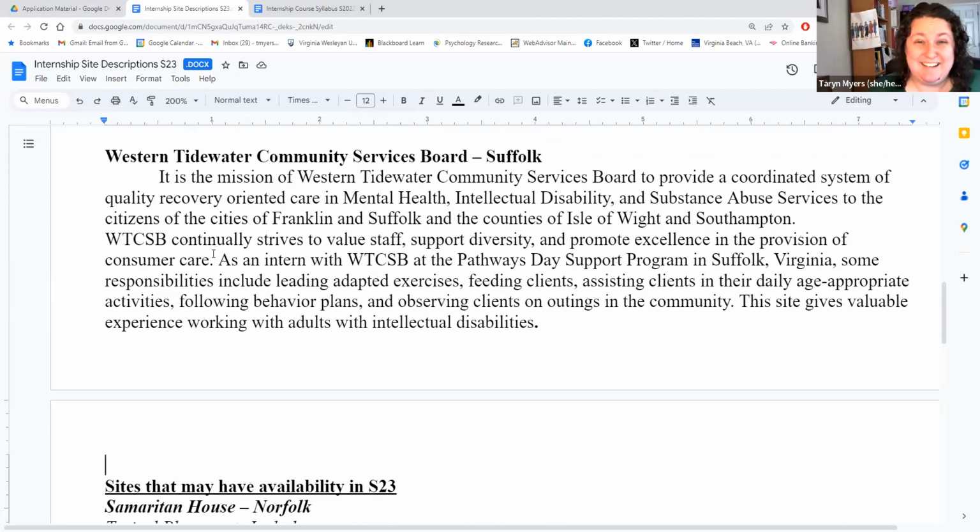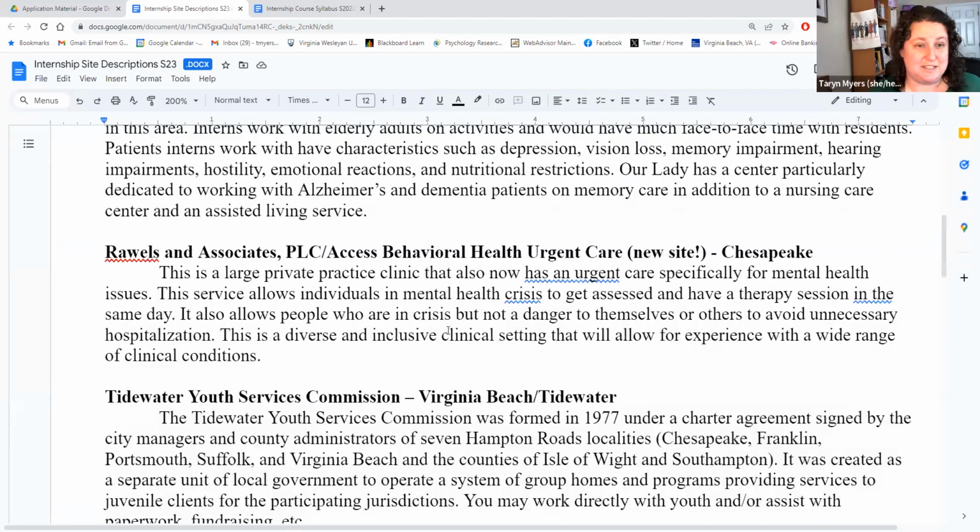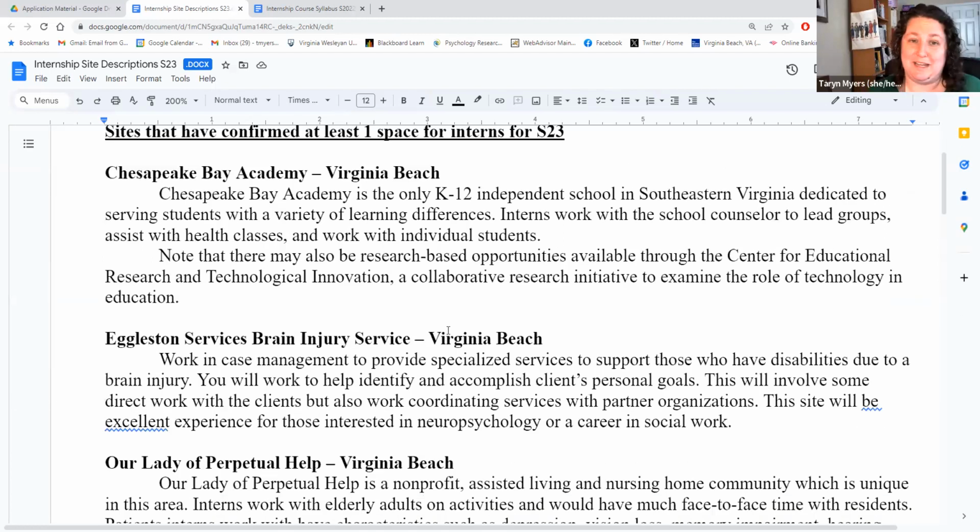If there's something not on here that you really want to do, let me know, because I am very flexible on this. I have some of these internship types because of that. For example, Chesapeake Bay Academy, 5+ years ago, I had one student who said, I want to do something with school psych, and I said, okay, let's make this happen.